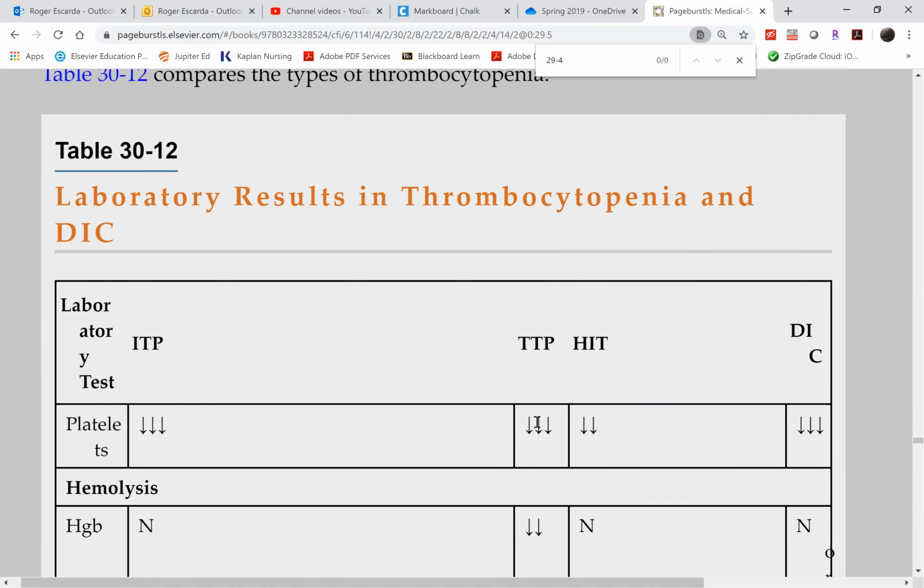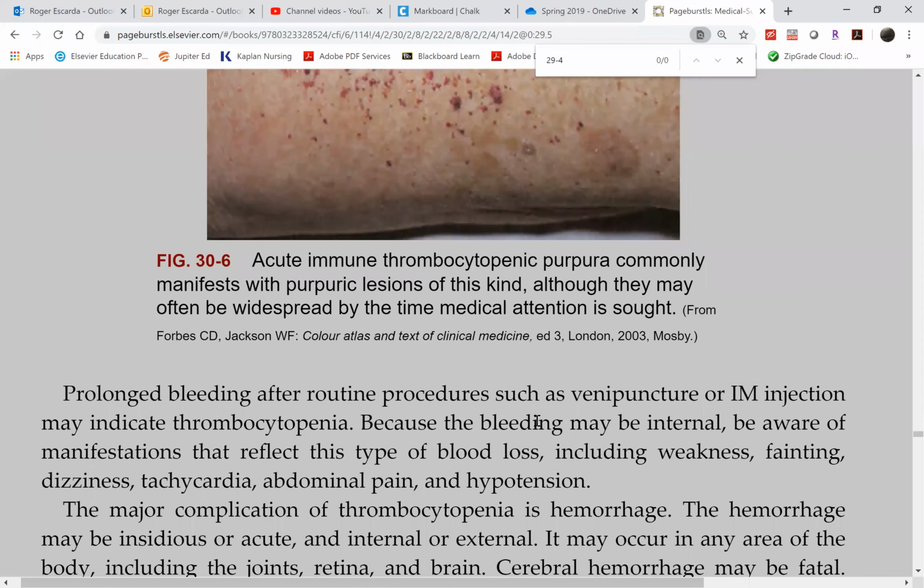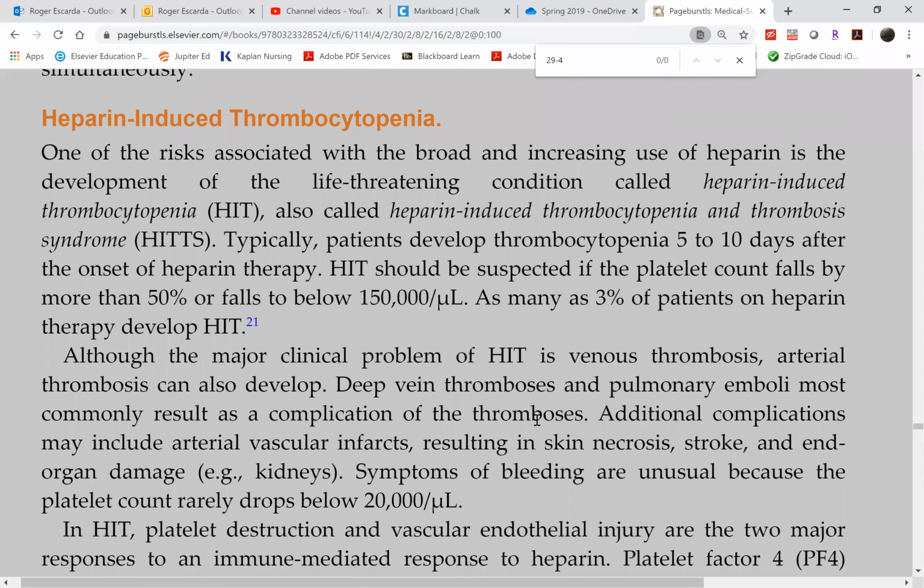If you go to HIT, in HIT you have an antibody against heparin. When exposed to heparin, you have an HIT antibody. So the HIT antibody forms a complex with platelets, causing clot formation, meaning every molecule of heparin will attach to a platelet, forming a clot.